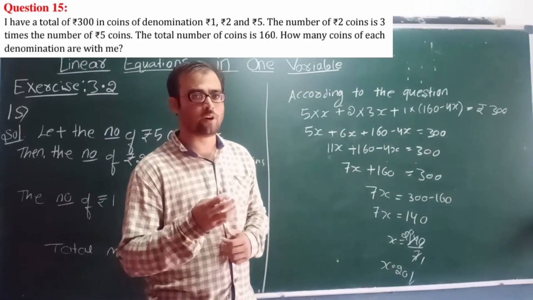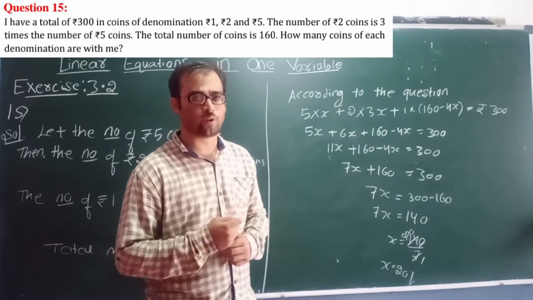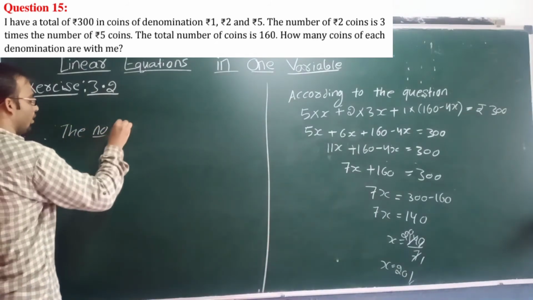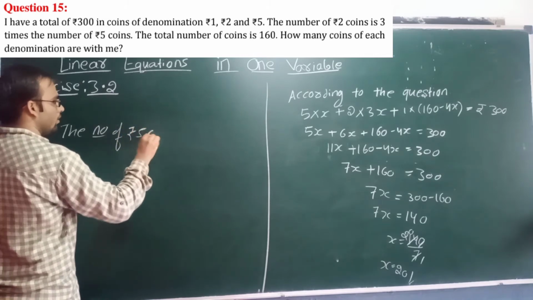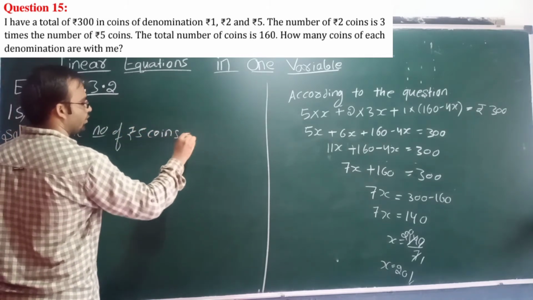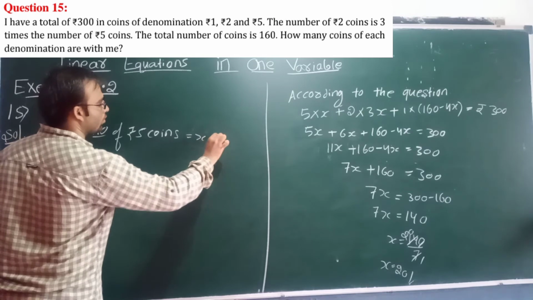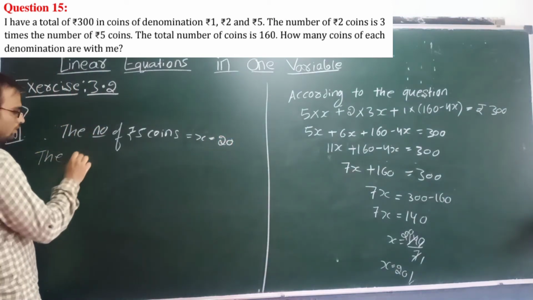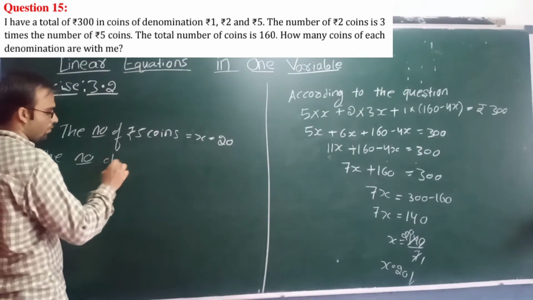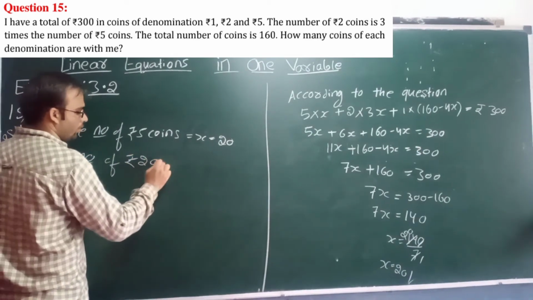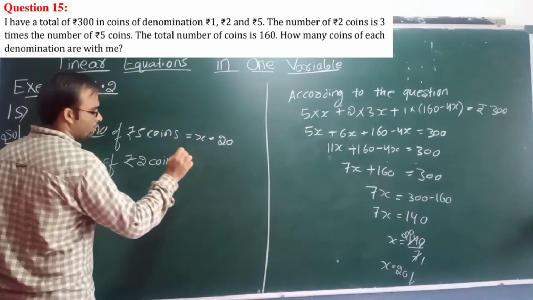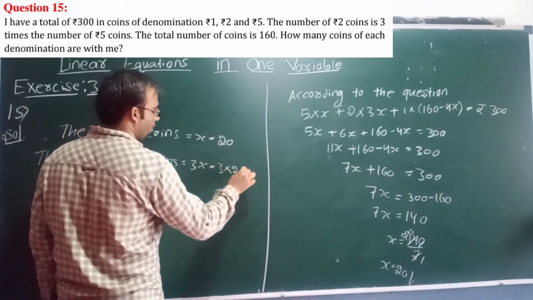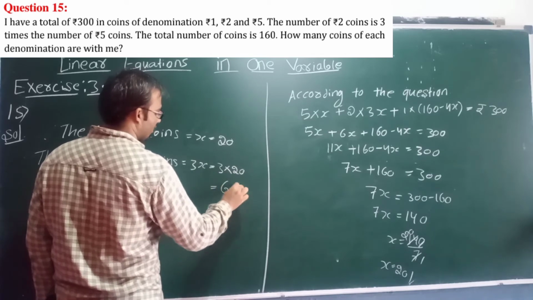So now what we need to find? We need to find the number of 5 rupee coins, 2 rupee coins, 1 rupee coins. Therefore, the number of 5 rupee coins is equal to how much? Equal to x, which equals 20. The number of 2 rupee coins is equal to 3x, which is 3 into 20, that is 60.